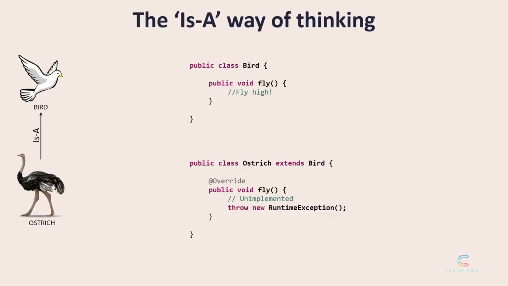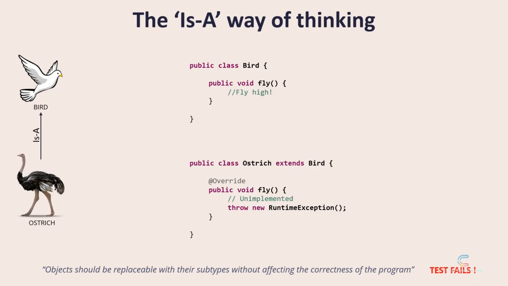Now, the statement ostrich is a bird might still be correct, but if we apply the Liskov principle here, which says objects should be replaceable with their subtypes without affecting the correctness of the program, this test fails. Because you cannot use an ostrich object in all the places where you use the bird object.